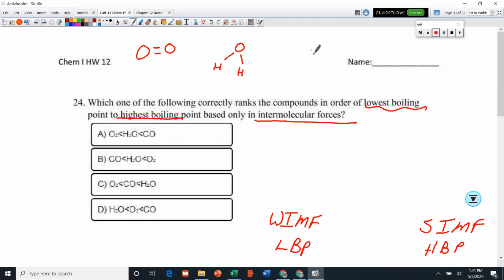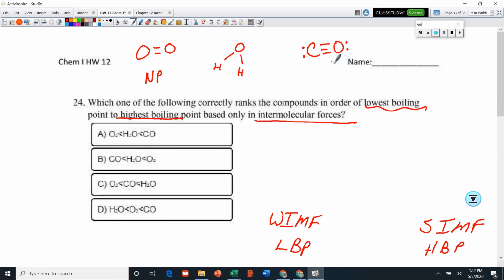And carbon monoxide looks something like that. So again, what types? This one is nonpolar.